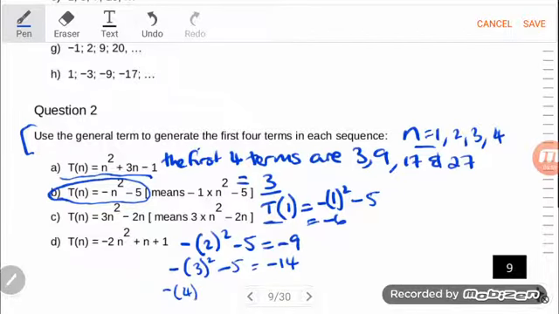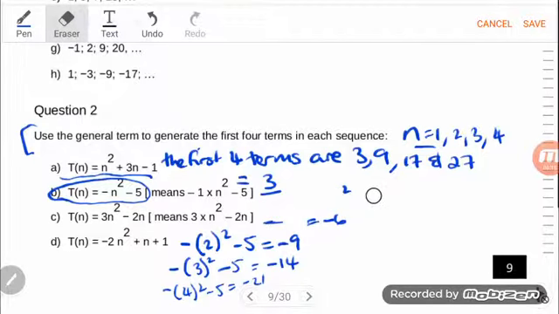Minus 4 squared minus 5 is going to be negative 16 minus 5, negative 21. Okay, so our first 4 terms, 4b, is going to be negative 6, negative 9, negative 14, and negative 21.